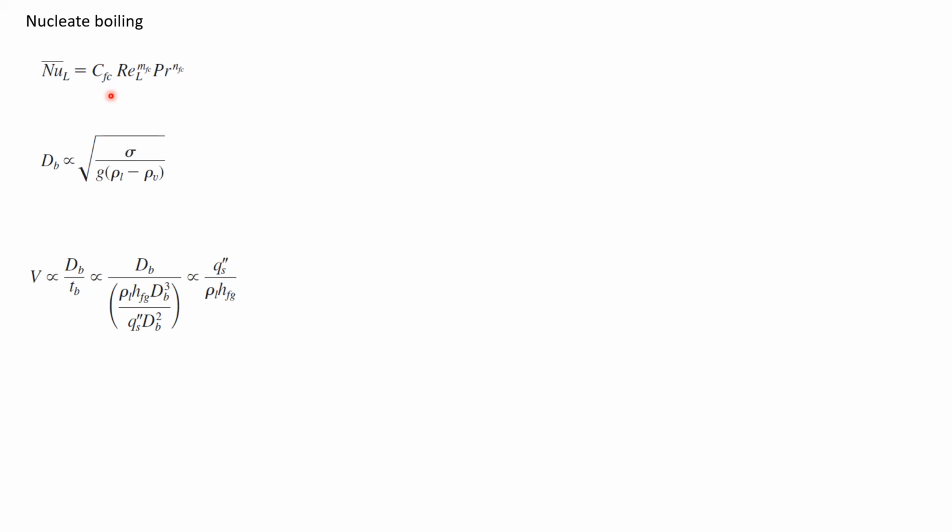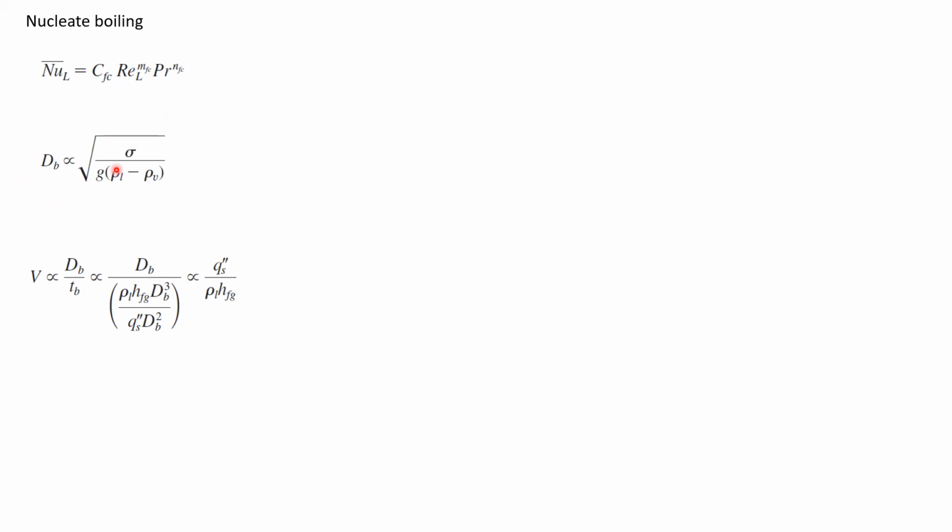We can say that the bubbles are responsible for generating the flow inside that liquid, and bubbles are an external agent. So we can assume that this is an example of forced convection. Because of the bubble formation, there is some fluid motion taking place in the fluid, and if we have fluid motion due to an external agent, we can characterize it as forced convection. And that's why we have these FCs in the subscripts here, which represent forced convection.